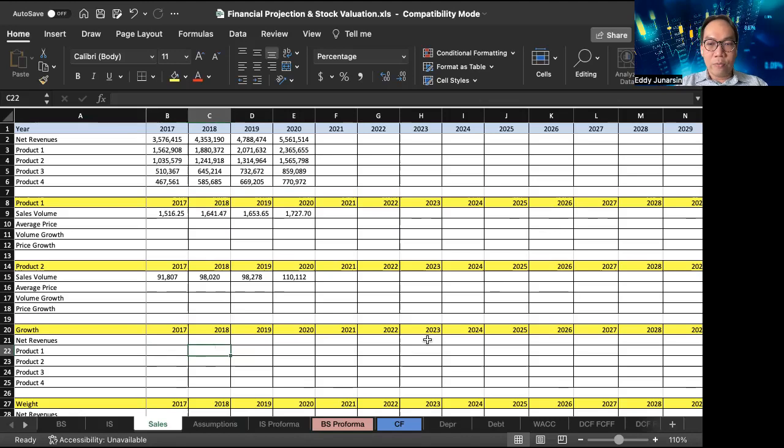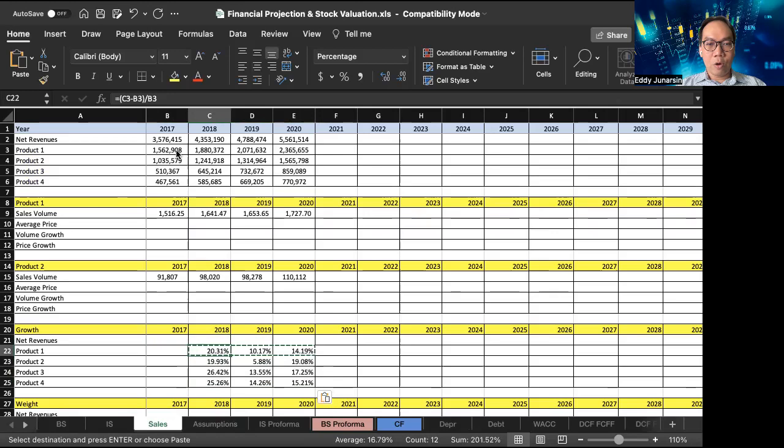So what is the growth rate in 2018 for product 1? This would be, you can see here, product 1, the sales in 2018 minus the sales in 2017 divided by the sales in 2017. So we get 20.31%, and we can do the copying and pasting for the first product, and actually the patterns are the same.